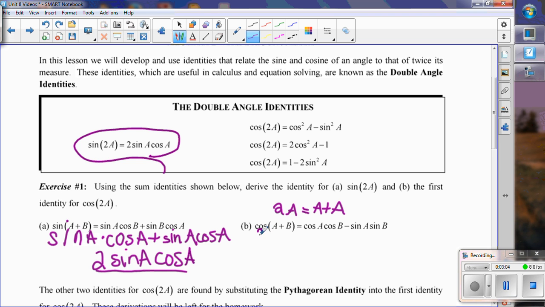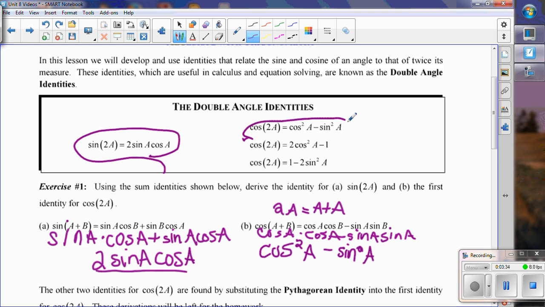So this becomes cosine A times cosine A minus sine A times sine A. We have two of them multiplied together, so that means they're squared. So cosine squared A minus sine squared A.